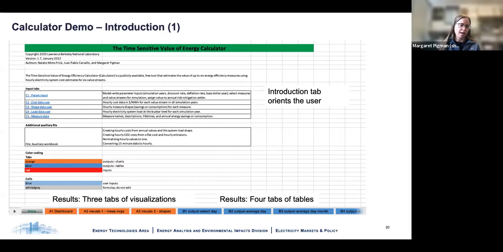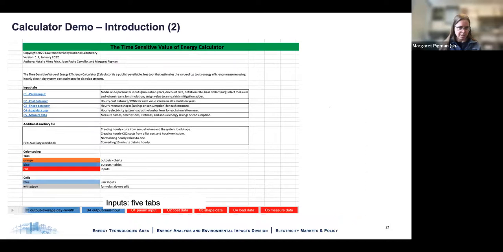So there are 3 orange results of visualizations, 4 blue results of tables. And then on the next slide, you can see the 5 red tabs of inputs. So next slide, please.